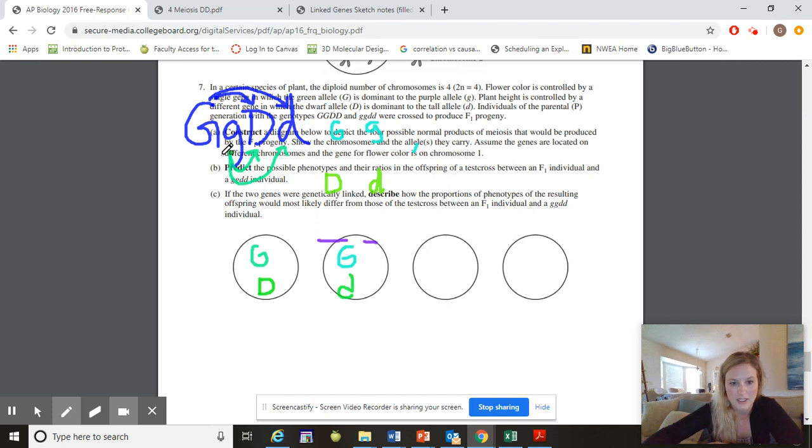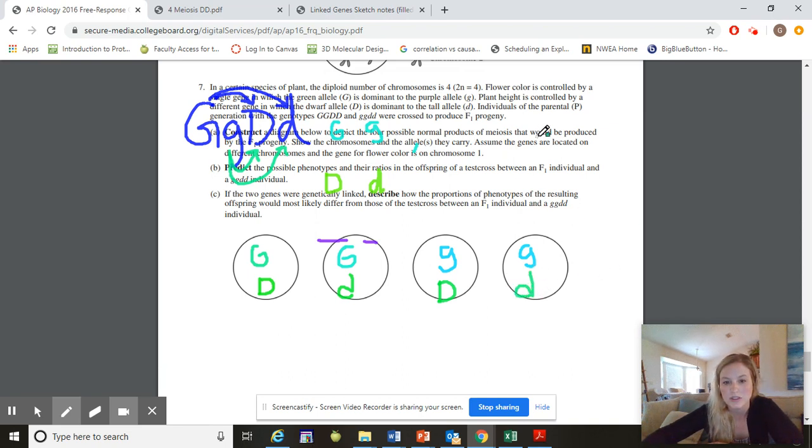And then my next combination could be a lowercase g and a capital D. And then lastly, my combination could be lowercase g and a lowercase d.